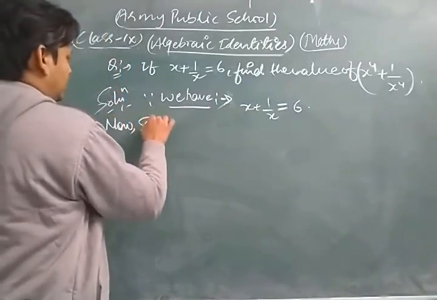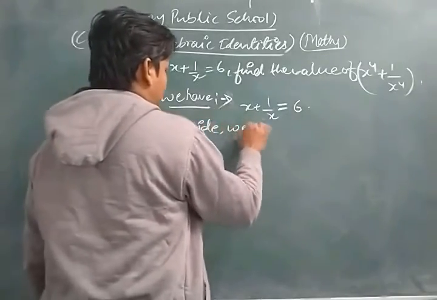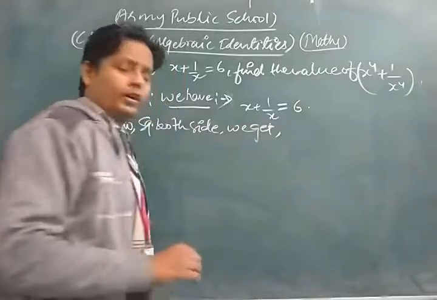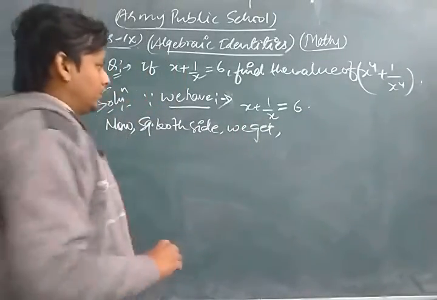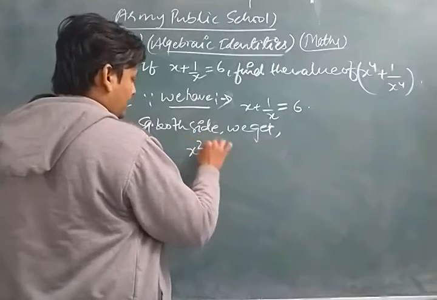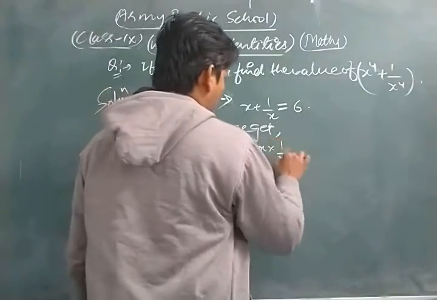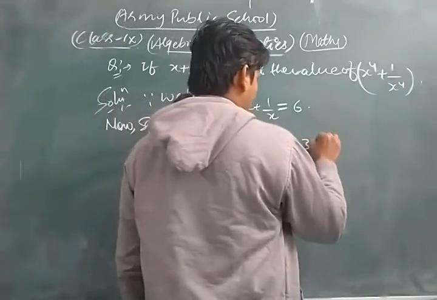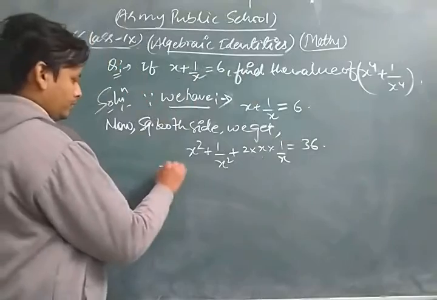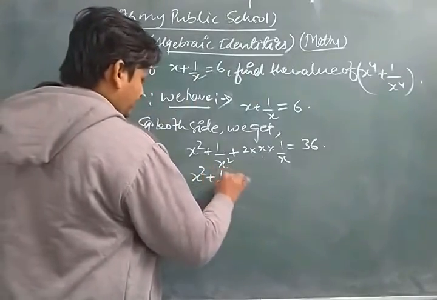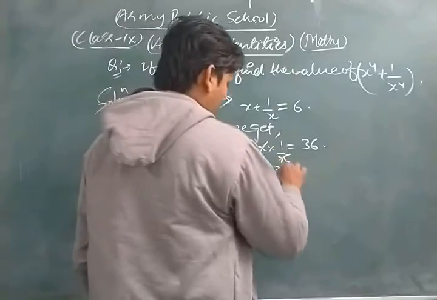Now squaring both sides. Squaring both sides we get, look, a square plus b square plus 2 into a into b is equal to 36, because the square of 6 is 36. Now x cancels each other, so it is equal to 36.